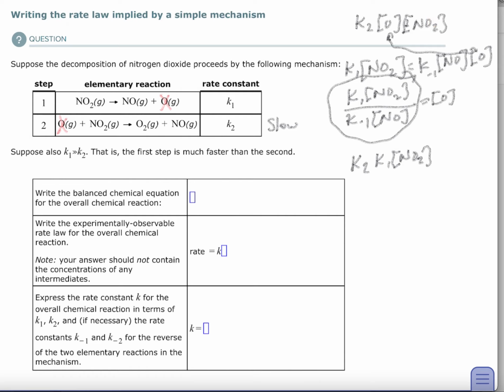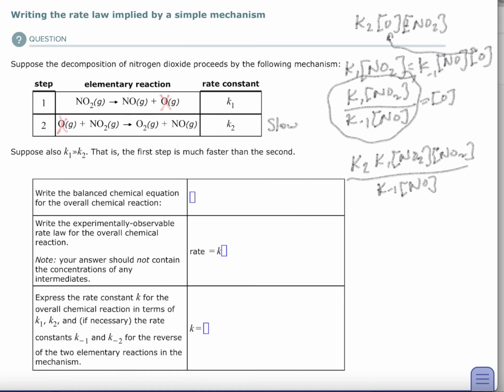So this is going to be times NO2, and then on the bottom it's going to be k to the negative 1 times NO. Do you see that this right here is what I substituted for? That was the concentration of O. So this was the concentration of O times the concentration of NO2.